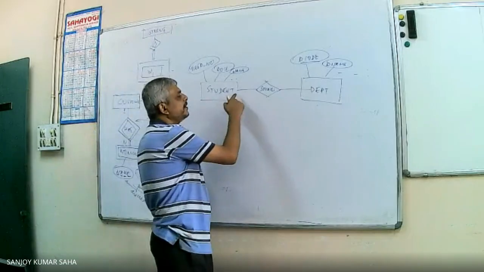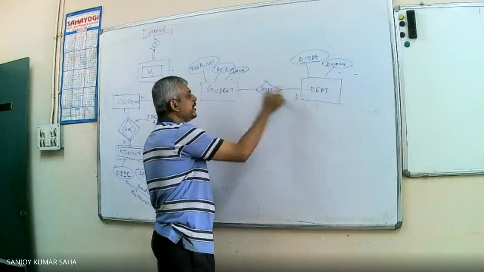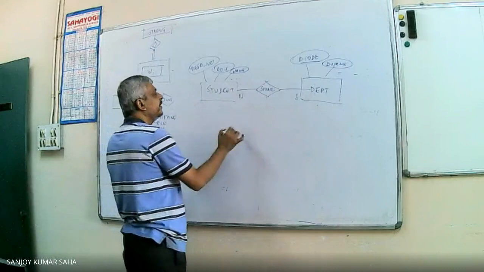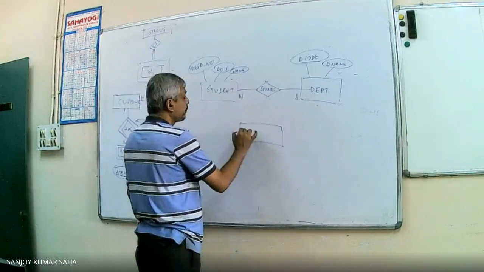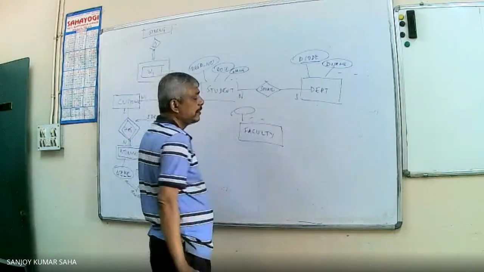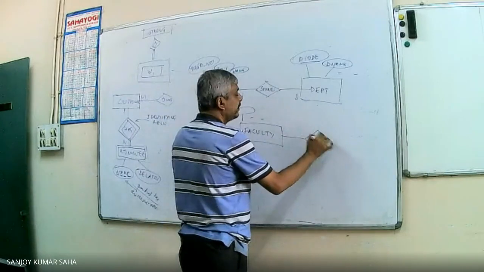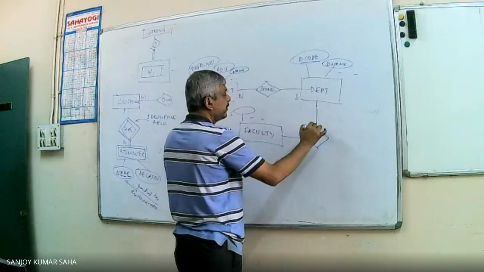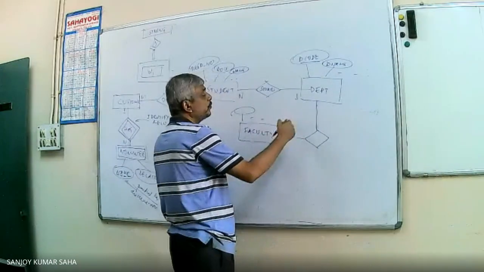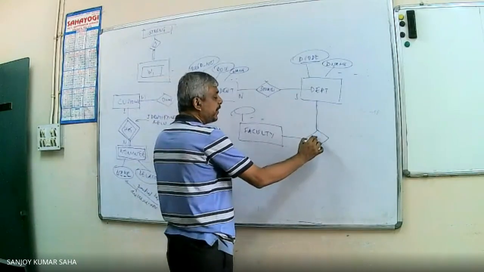Say a student studies in one department, but in a department I can have a number of students. And say there are faculty, similarly some attributes will be there. I need to store the faculty information also, and with which department the faculties are associated. So department has faculty.